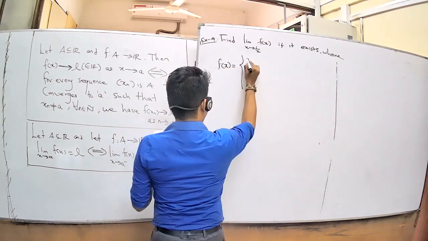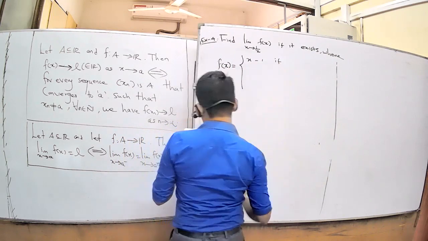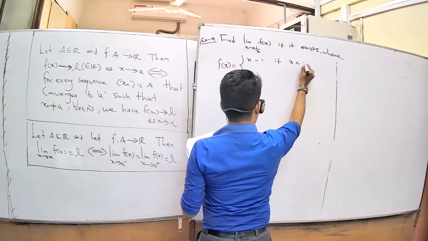Three intervals. First, x minus 1 when x is less than 2.